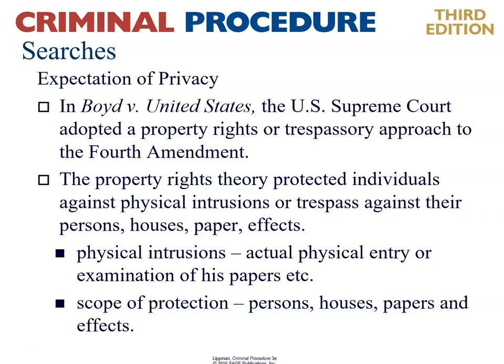The property rights theory protected individuals against physical intrusions or trespass against their persons, houses, papers, and effects. Physical intrusions would be actual physical entry into a location or examination of papers, etc. And the scope, again, of the protection would be persons, houses, papers, and effects.